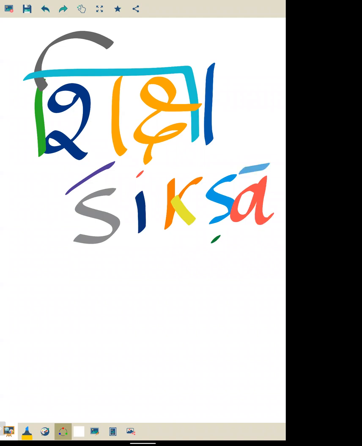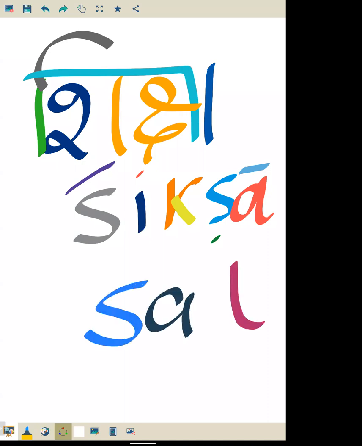See, first of all, we can write it, there is no problem. But in the Brahmi, like Ashokan inscriptions, this is not found. Why? Because everywhere there is only this dental sa, because of the Prakrit.